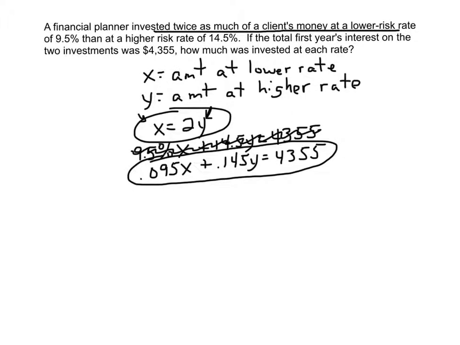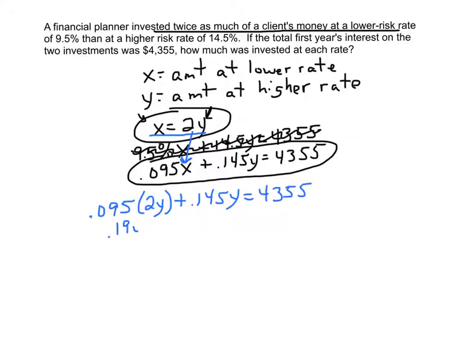Because I know that x is equal to 2y, I'm going to substitute 2y in for x in that second equation and come up with my third equation, which would be 0.095 times 2y plus 0.145y has to equal 4355. Now this is a kind of messy problem to solve as you go through, but I'm going to try and do so fairly quickly.